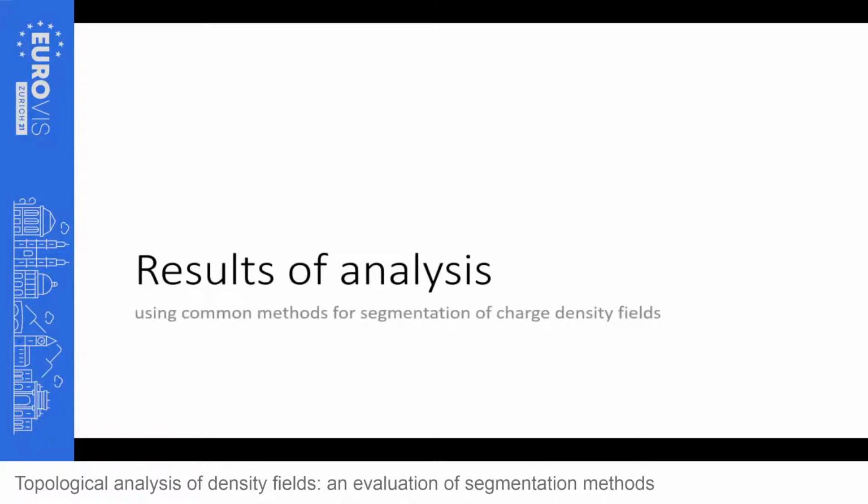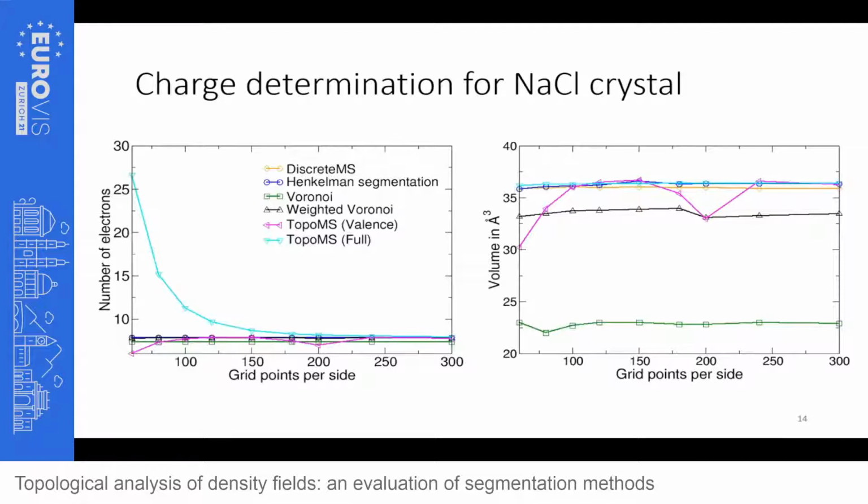So what are the results of the analysis? Here is the charge determination of a Cl ion in an NaCl crystal. As you can see, most of the methods are giving quite similar results, except for the TOPOMS for the full charge density, because the full charge density is a very bad data set for the electronic description, so that's why we see it being so big here.